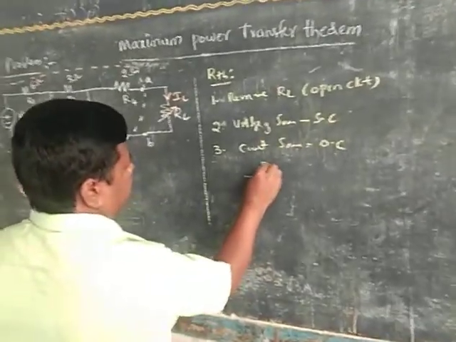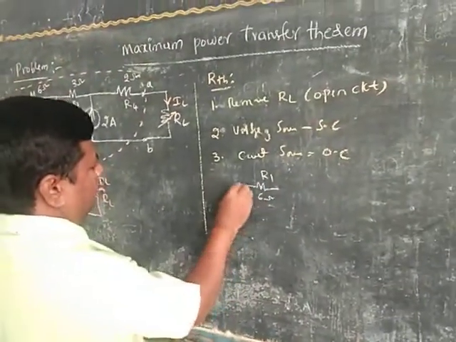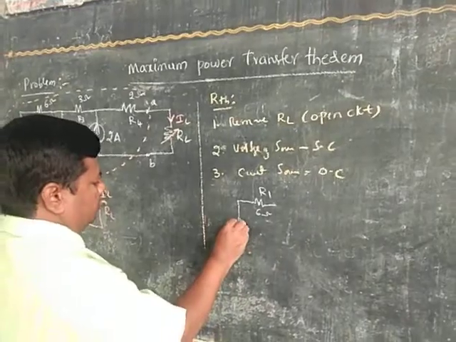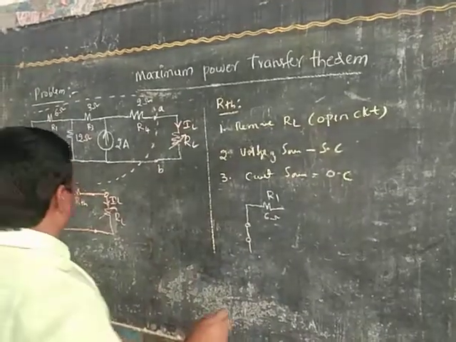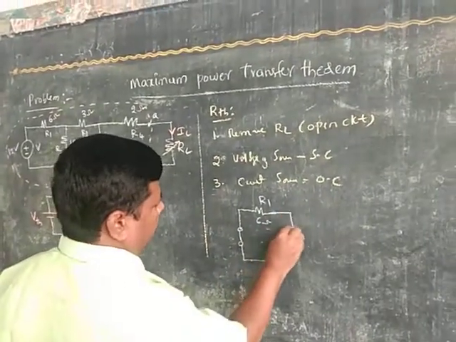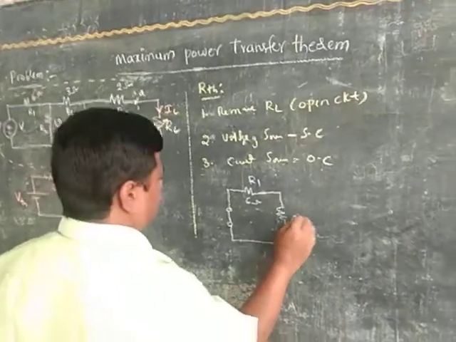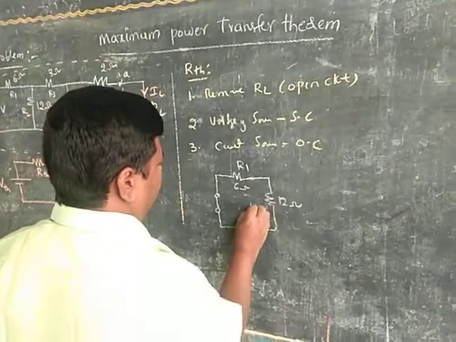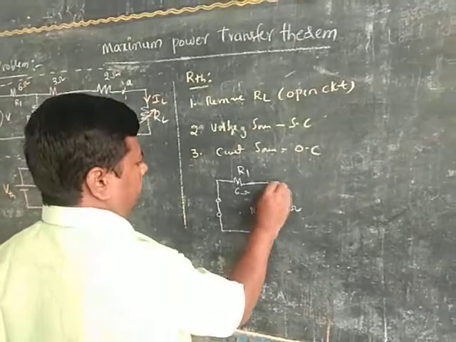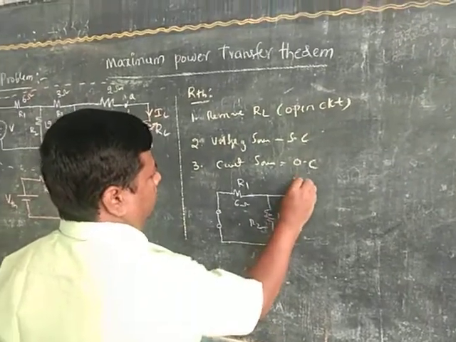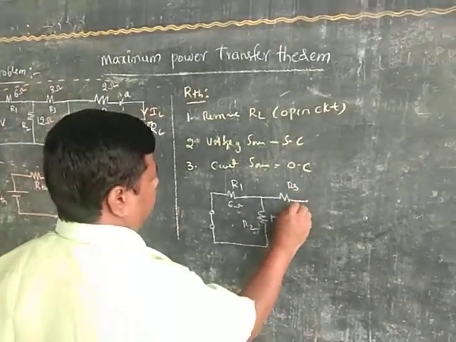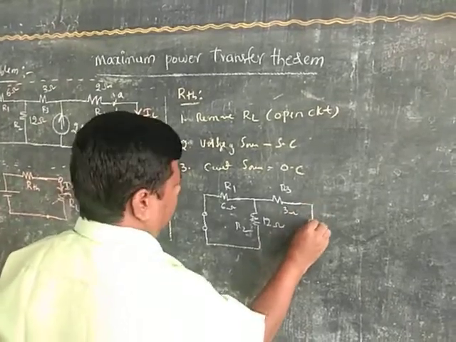And R1 as it is, 6 ohm. Here the voltage source short circuit, then 12 ohm R2, R3 3 ohm.